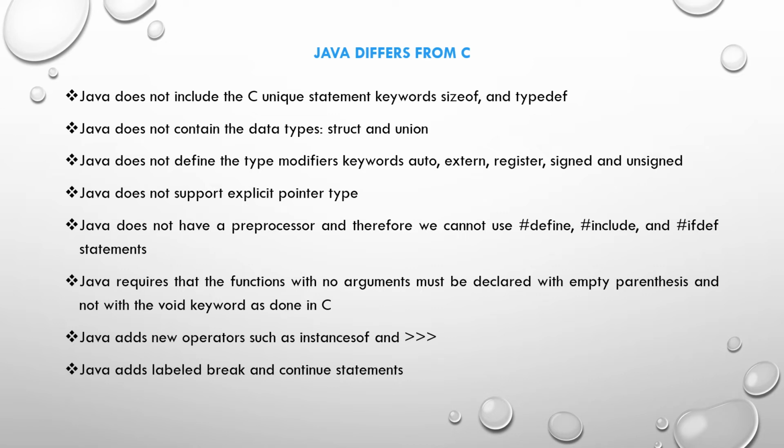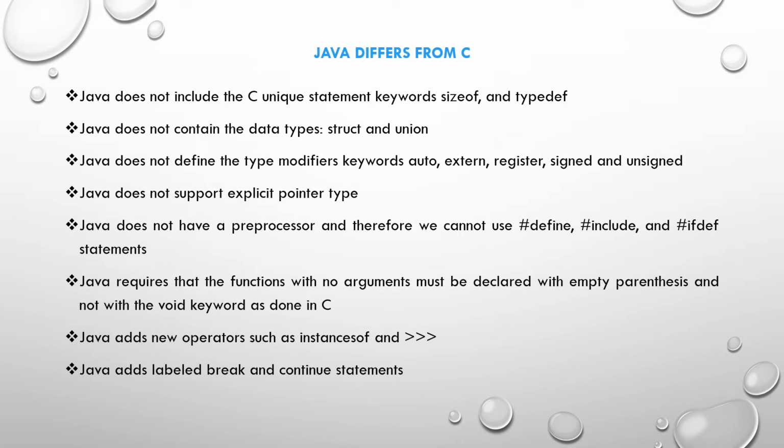The first point is that Java does not include C unique keywords like sizeof and typedef, but C programming includes these keywords. Then the second point is that Java does not contain data types like struct and union, but C has these two data types.